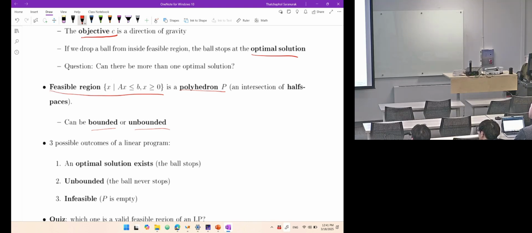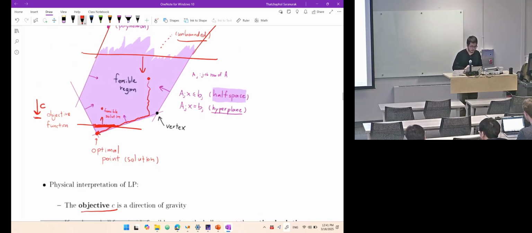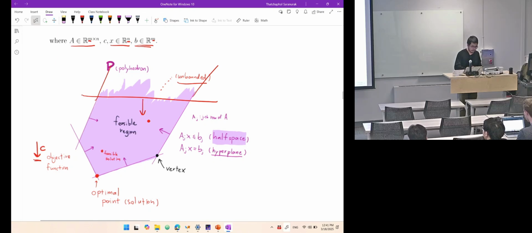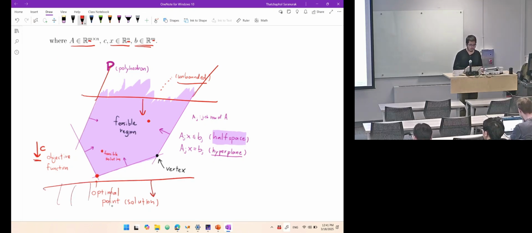And it can be infeasible too, that is, the feasible region is just empty. How can that happen? If I have another constraint saying everything needs to be below this, then there is just no feasible region.